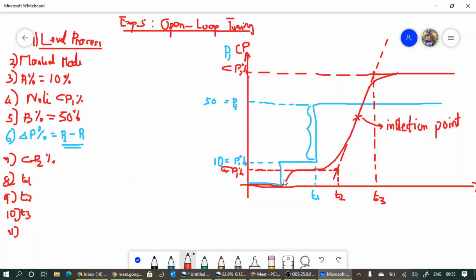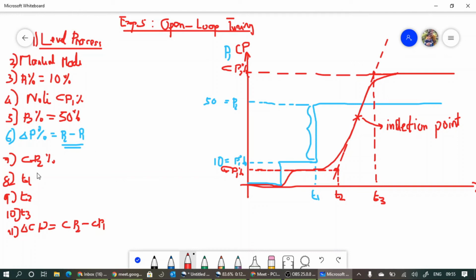So what is the change in process variable? That is in percentage delta Cp, equal to Cp2 minus Cp1 in percentage. So delta Cp is a change in process variable, that is Cp2 minus Cp1. So you can see 3 time units and 4 process units, that is P1, P2, Cp1, Cp2.